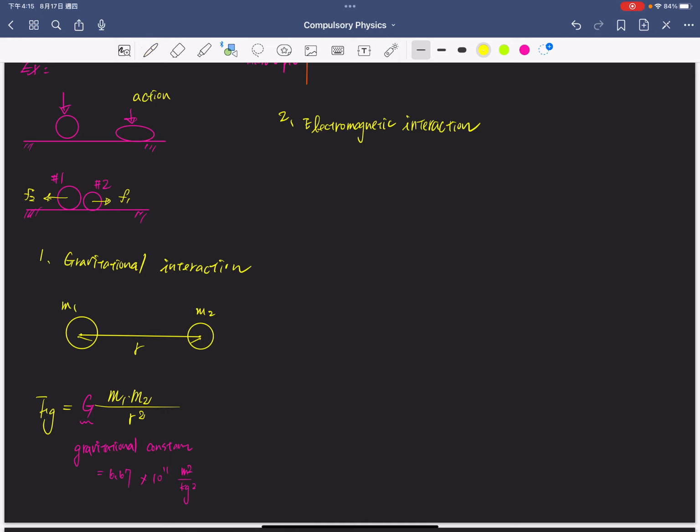This interaction includes two parts. First of all, the electric force, and the magnetic force.